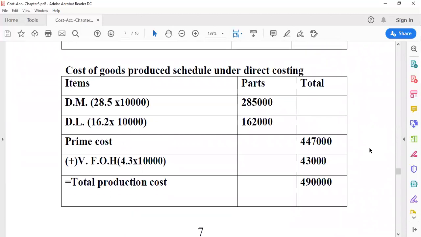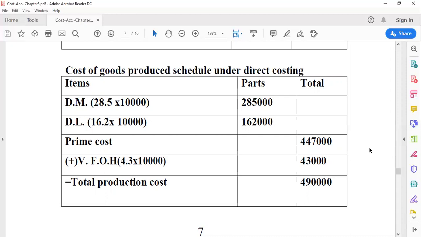To prepare the cost of goods produced schedule under the direct costing theory, we need to go through the same steps as the full absorption theory, as we need to add all costs we have except for the fixed ones. So we need to calculate the direct material cost, which is 28.5 multiplied by the units produced.